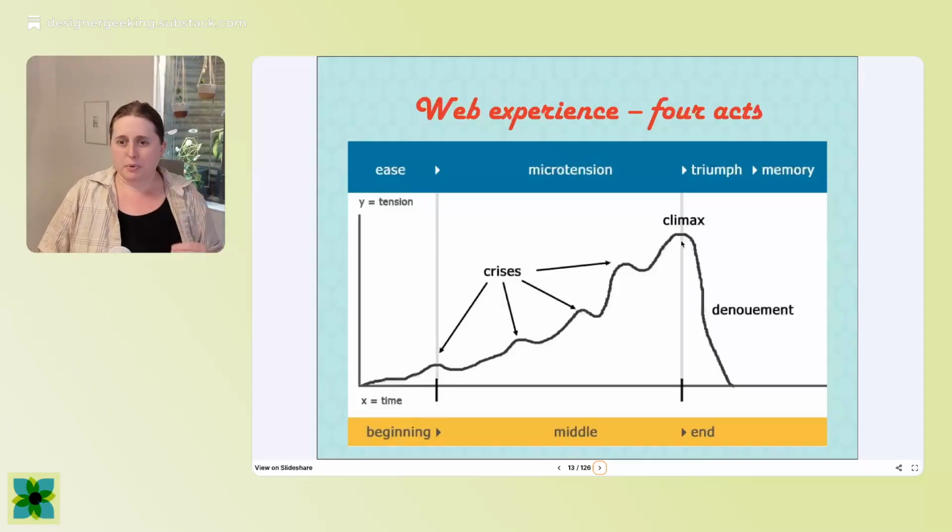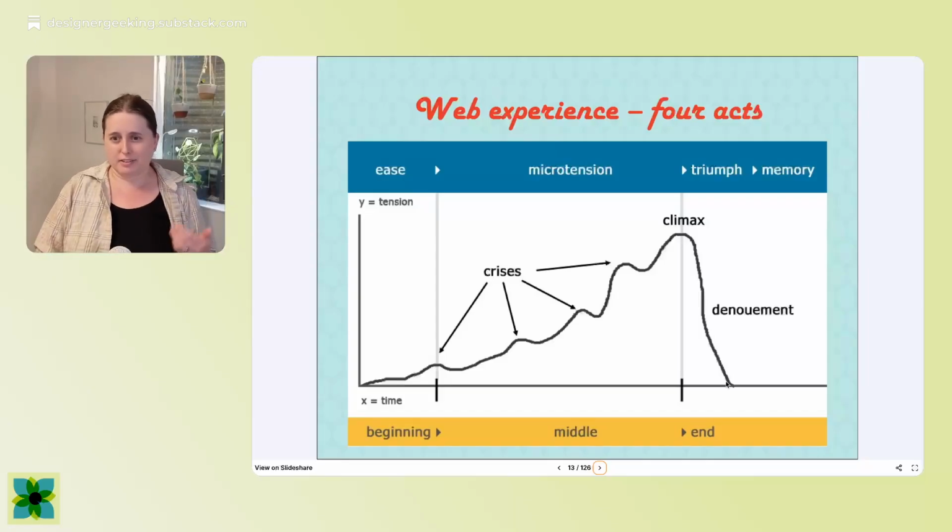What people might forget to include in a full experience is what happens after that climax, after you reach your goal. That's where you have to protect that fragile memory, to make sure in your design that you are thinking of what they should remember from that experience. What should be that lasting memory?